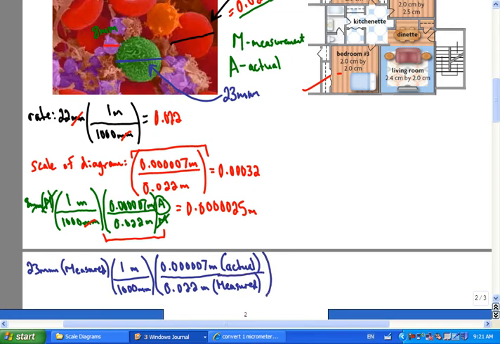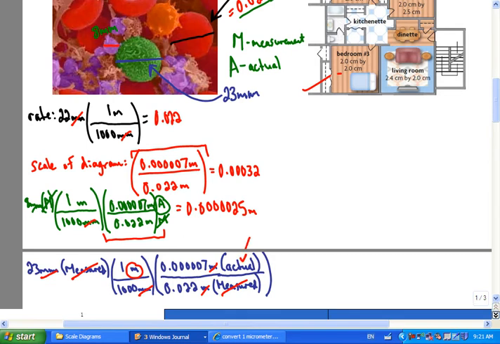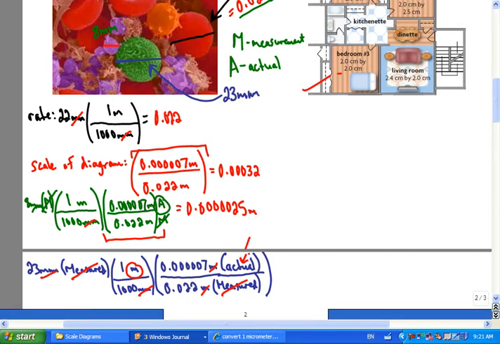So the reason I'm saying that to you about measured and actual is it still works out like a rate. We start in millimeters, but millimeters are gone. The only thing I'm left with for my units is meters. We started with a measurement that we took off the ruler. Measured cancels out, and I'm left with the actual size. So that's how I knew which way the fraction was going to go.